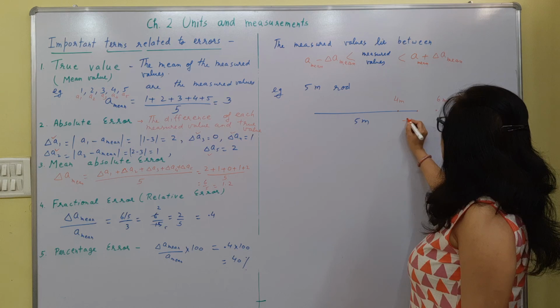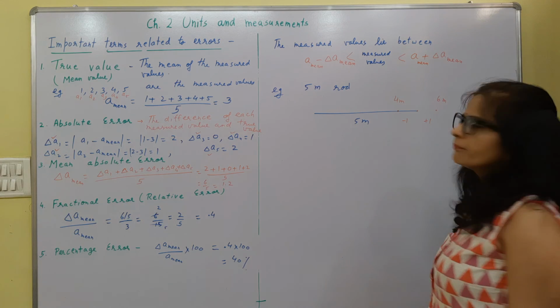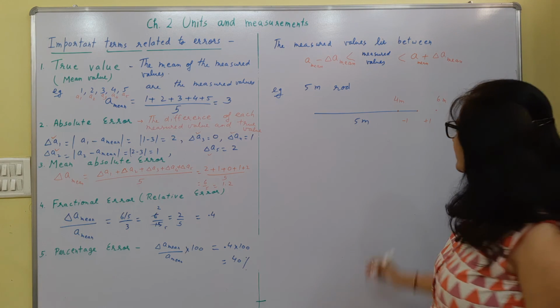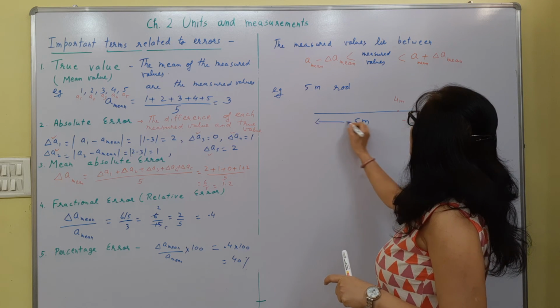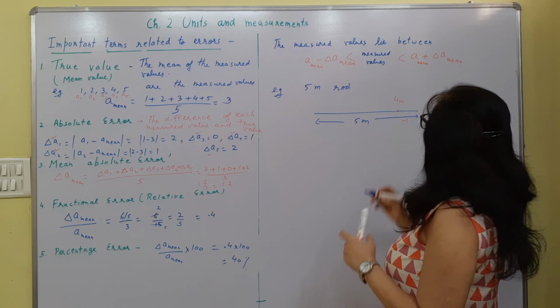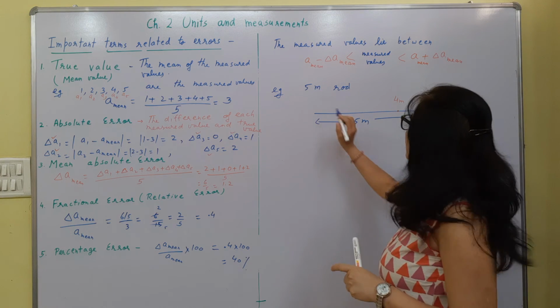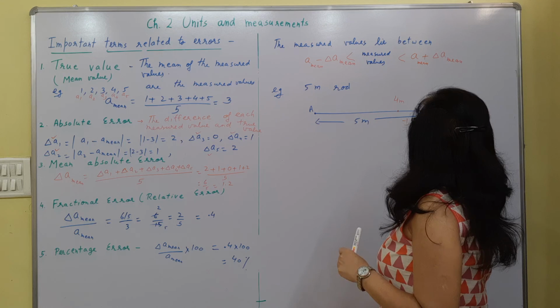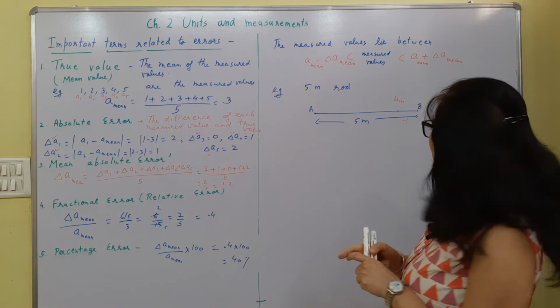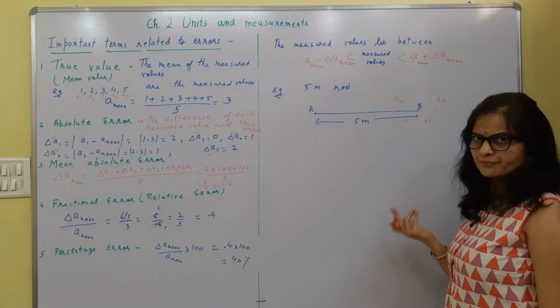That means there is a variation of +1 and -1, right? And this 5 meter is the actual length of this rod AB, and the measurement values lie between 4 to 6, right?